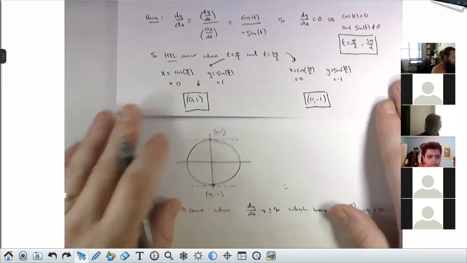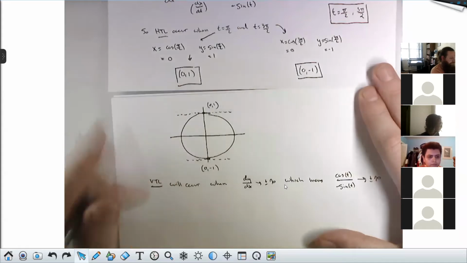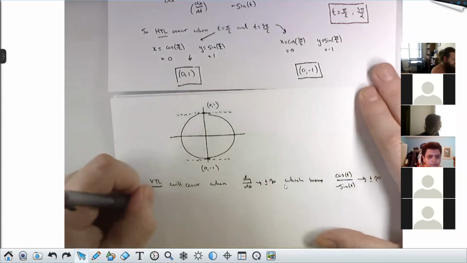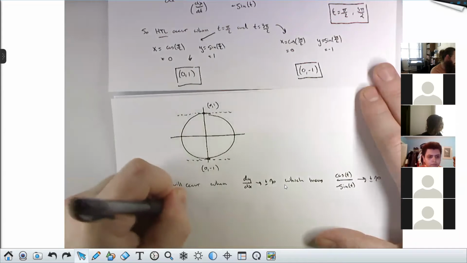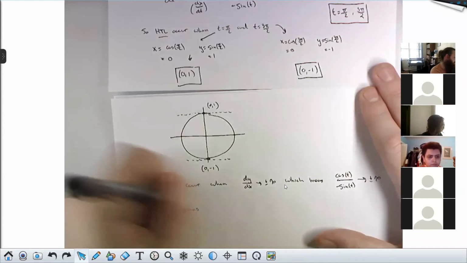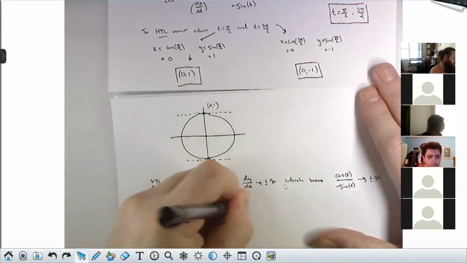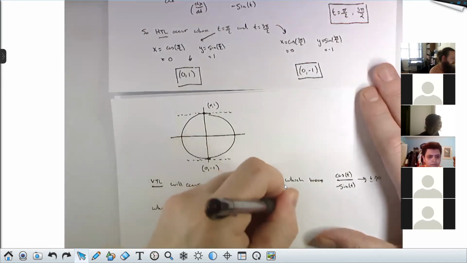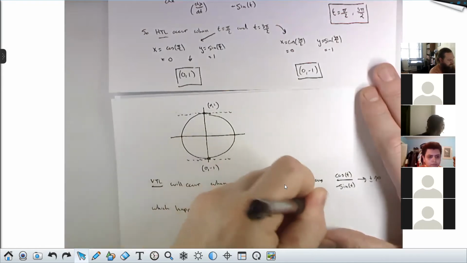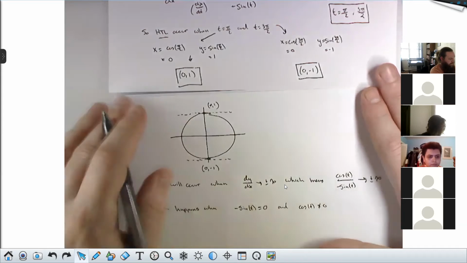And that will happen if the bottom is 0, which happens when negative sine t is equal to 0 and cos t is non-zero.